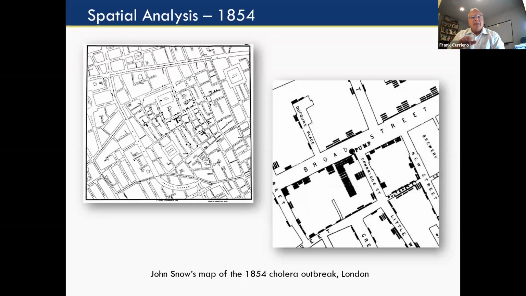And he mapped the cases, and that's why you see those bars there, because there's multiple cases. And he showed that there were a lot more cases clustered around that water pump. And that got him to thinking that it really was a waterborne pathogen.